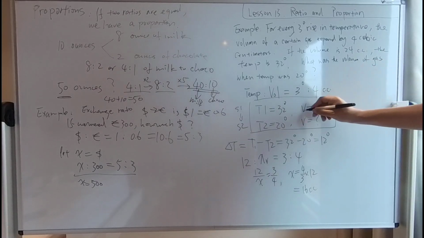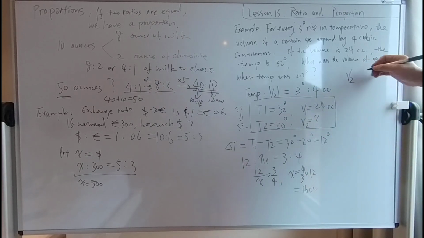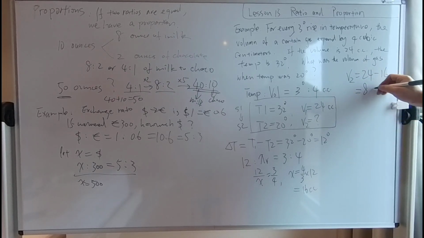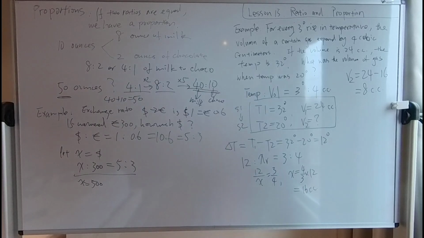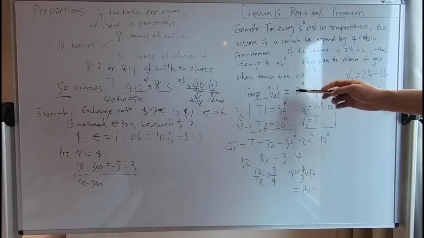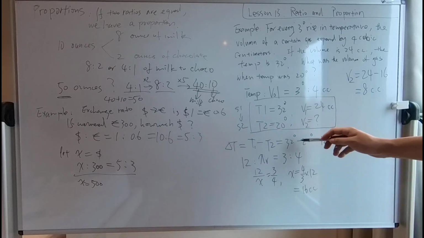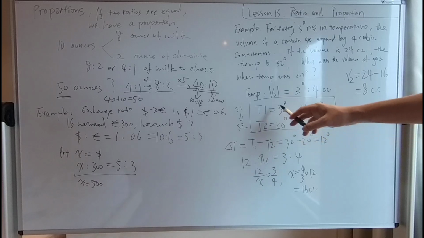So then the volume at 20 degrees is 24 minus 16, which is 8 cubic centimeters. Right, so this is how you take the known condition of the change in terms of the ratio, in terms of the relative quantity change, to derive the volume change given the known temperature change.